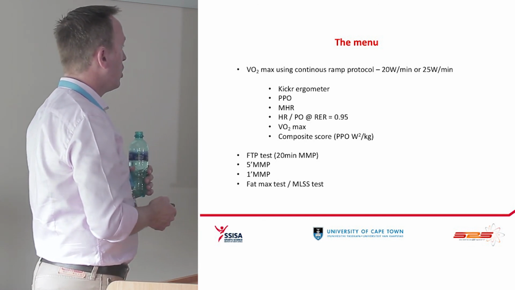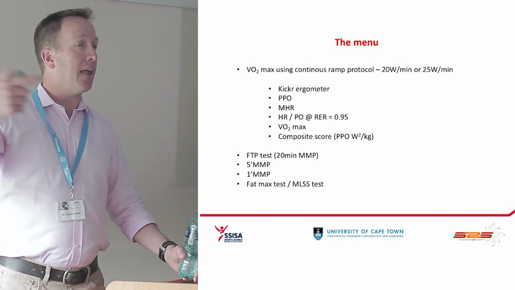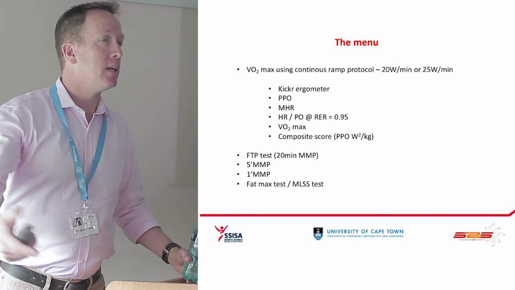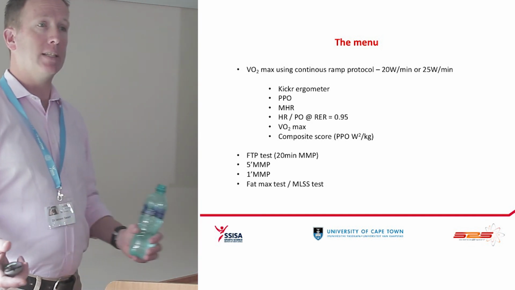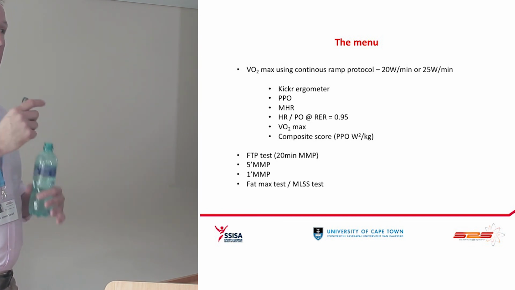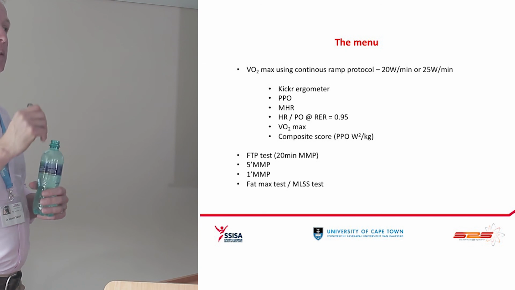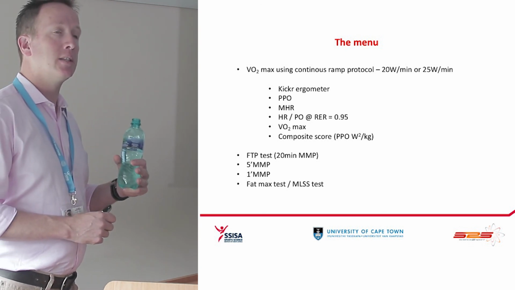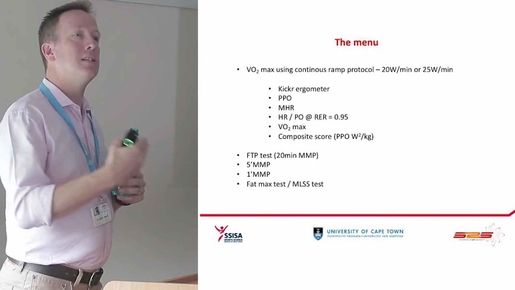We use a Kicker ergometer. Why? Because it's not very expensive. It means that other coaches and other labs can buy that easily, and you can set up a lab more easily. You get a larger flywheel effect, because one of the things that influences your results is at high intensities, an ergometer is continuously slowing down.